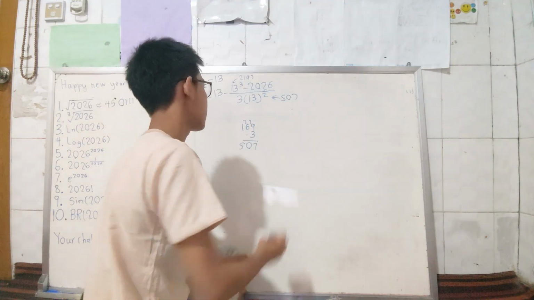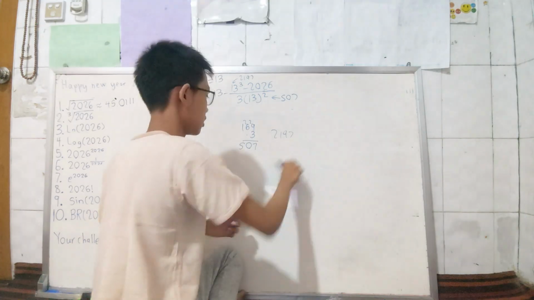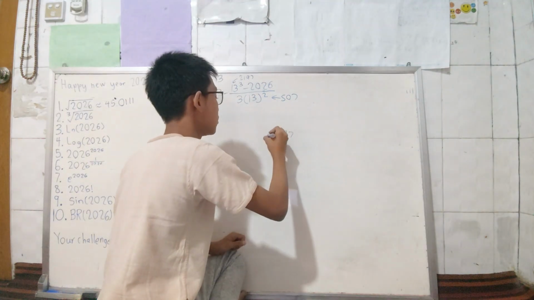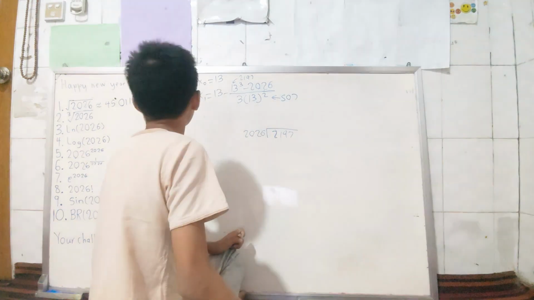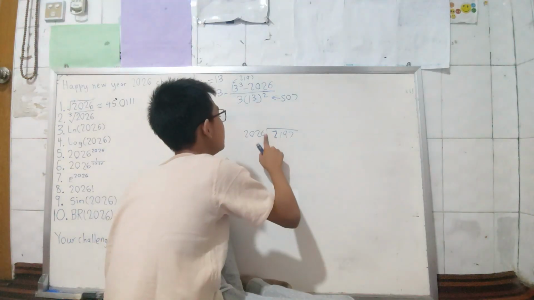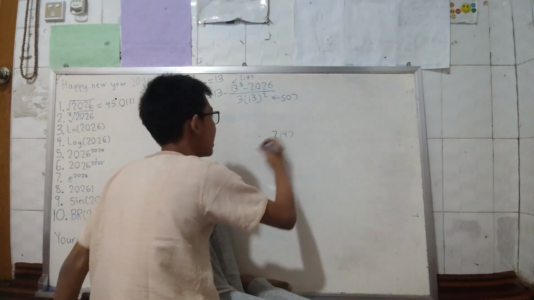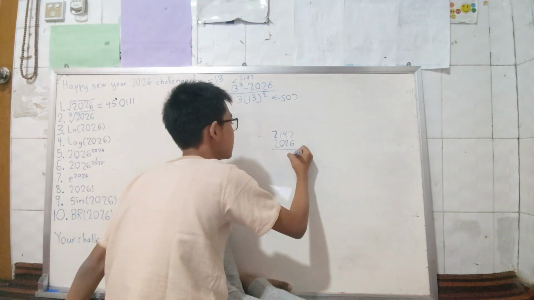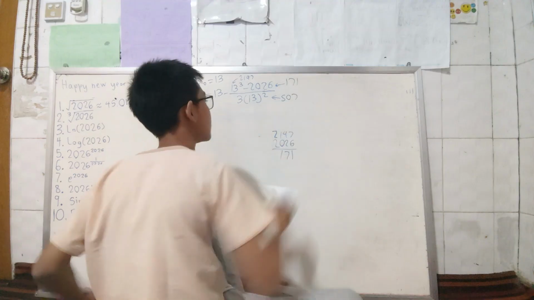And the denominator, that's going to be 2197 minus 2026. No, not the division, I mean the subtraction. Okay, we're subtracting, not dividing. I almost made a mistake. So that's gonna be 171.